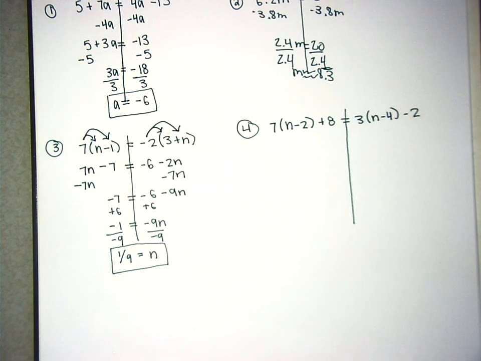Oh, wait, I did this wrong. Oh, I got negative minus 3m. Negative 2 is the correct answer on this problem. Ms. Langworthy wrote a different thing than she wrote in her notes, so negative 2 is the correct answer to this.